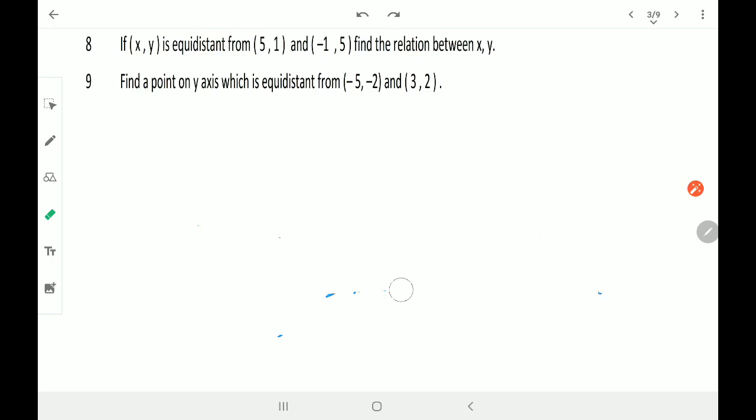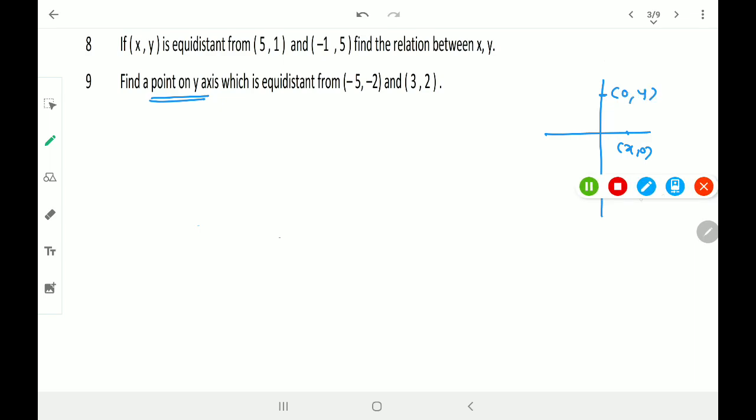Find a point on the y-axis which is equidistant from these 2 points. Again the same question, but we have not been given any points. But the point is on the y-axis. I hope you know that a point on the x-axis is always (x, 0), and a point on the y-axis will always be (0, y). Right? Getting it?